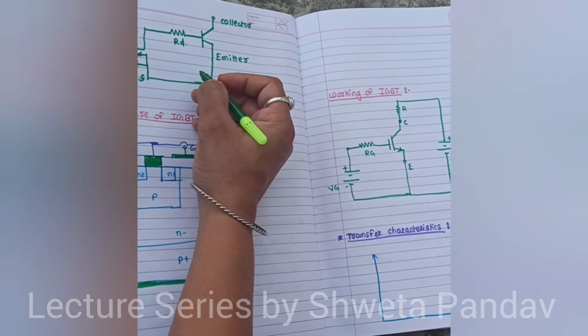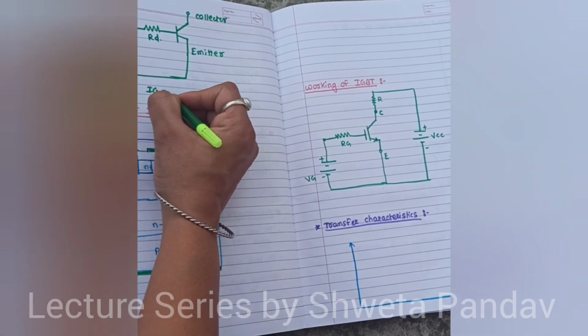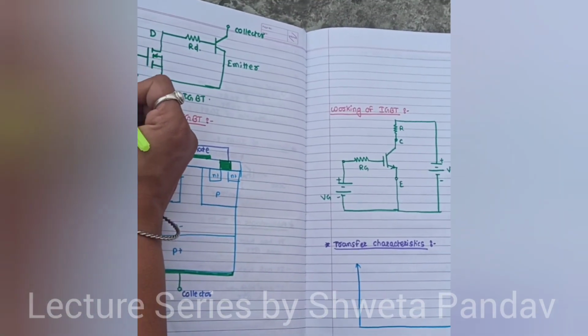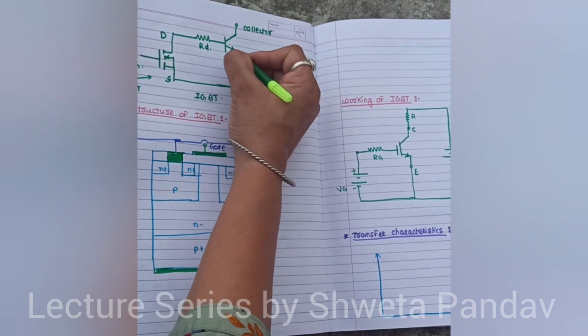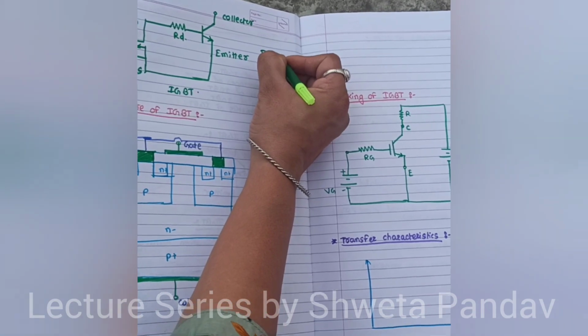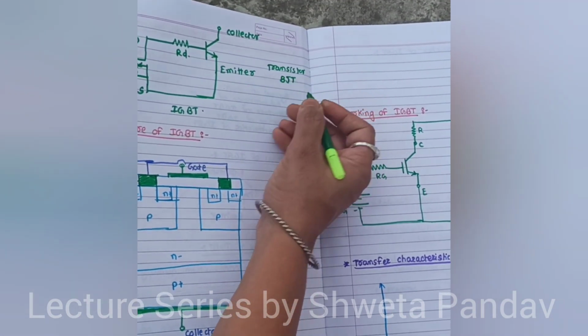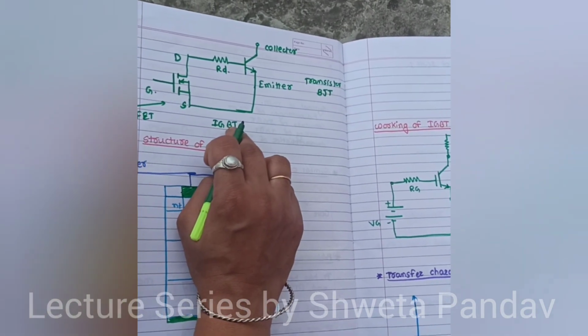This complete combination is nothing but the insulated gate bipolar transistor. At the input side we have the MOSFET, and at the output side we have the transistor, that is the BJT. So combining MOSFET and BJT we can form the IGBT.